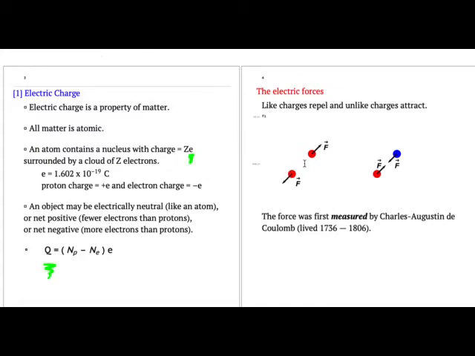So suppose I have 2 positive charges. Let's make the positive charges red. In other words, 2 objects, think of them as small spheres, in some region of space. Each one will experience a force directed away from the other charge, the other object.